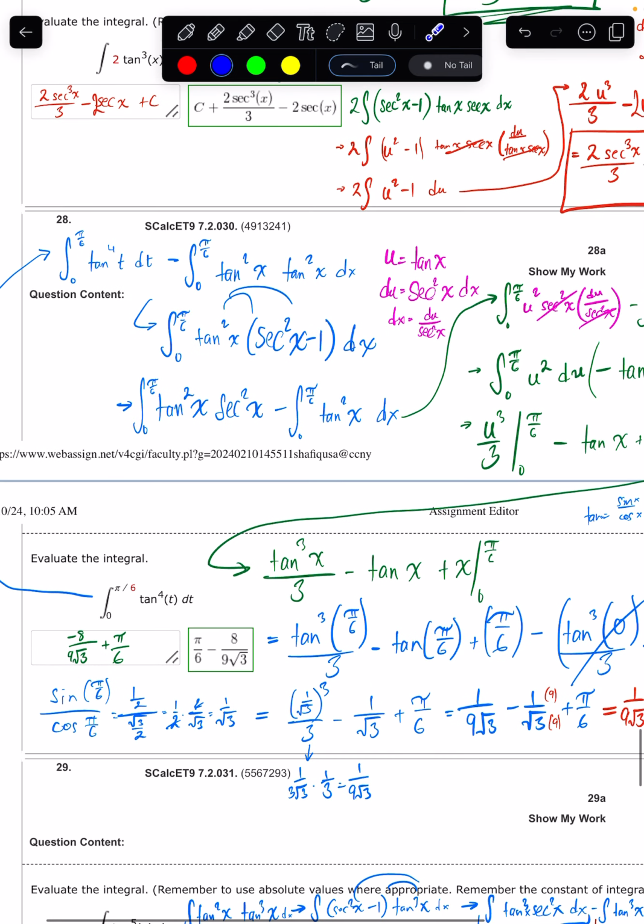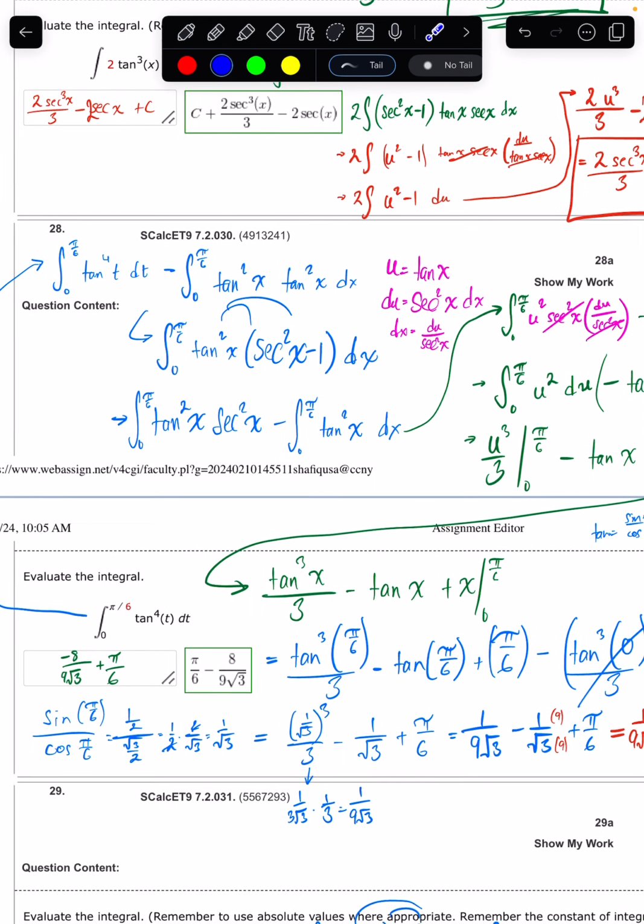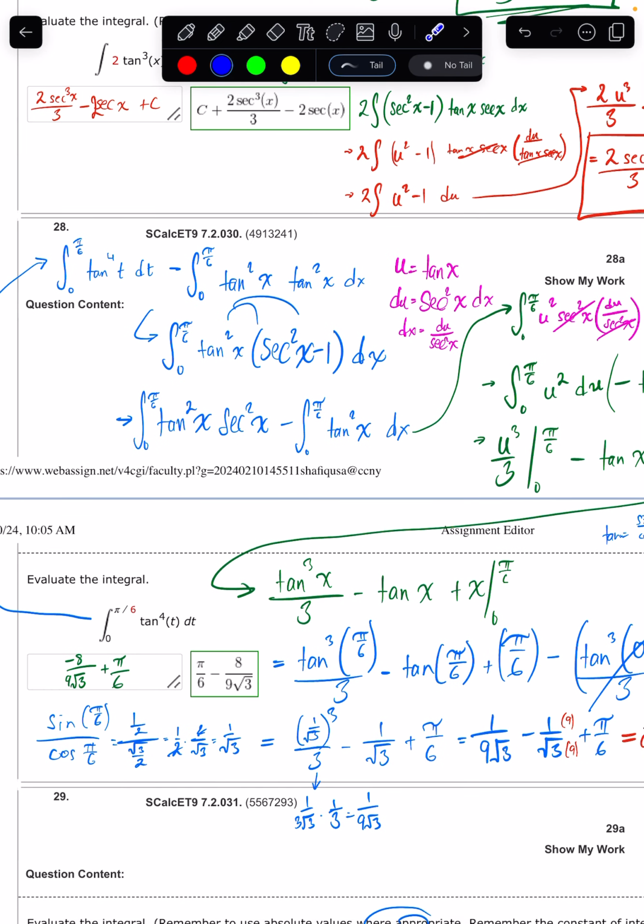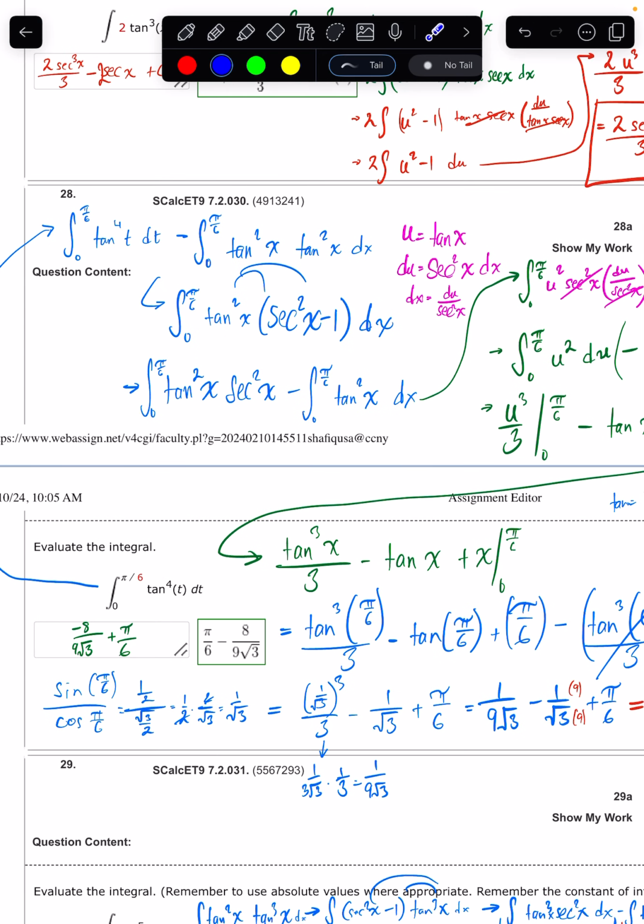But so what I did was I broke up tan to the 4th into tan x squared, and again I used the trig identity for the tan x squared, and I got secant squared x minus 1. Distribute the tan x squared into that, and you should be getting tan x squared times secant squared x.